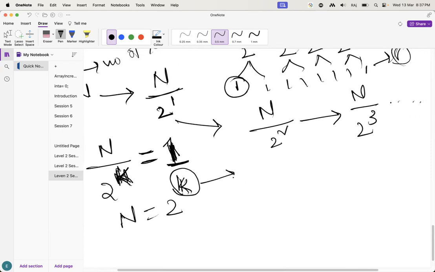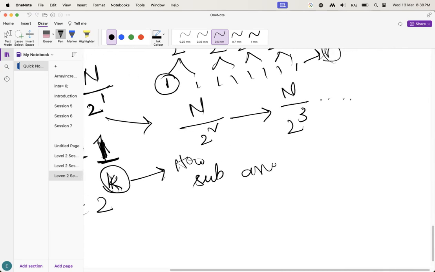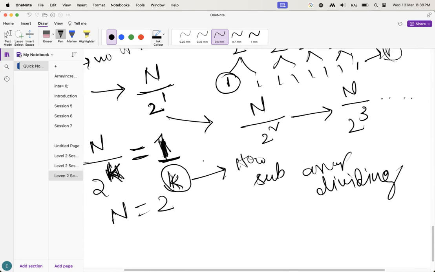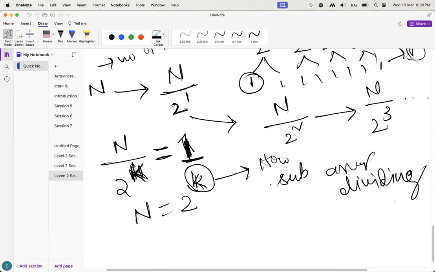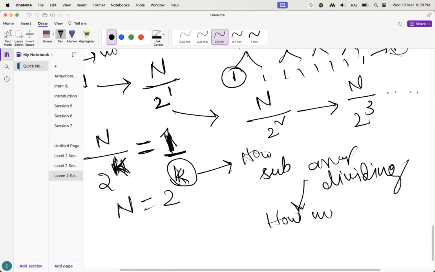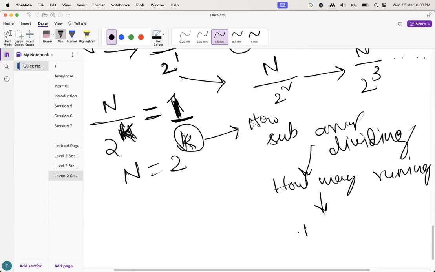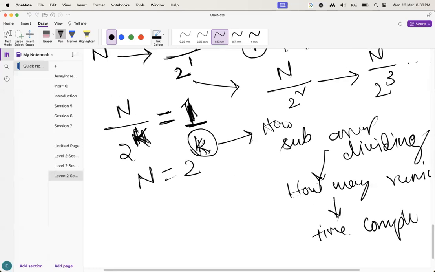K is actually how many times the subarray is dividing. That subarray dividing means how many times it is running. That running means time complexity. Here if you find the value of k, that means we found the time complexity.